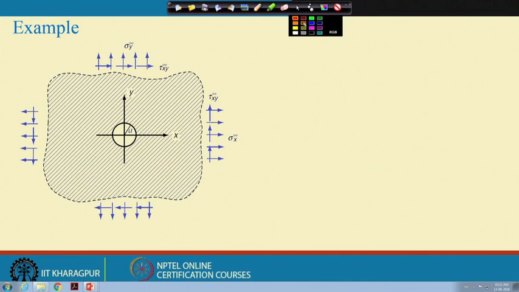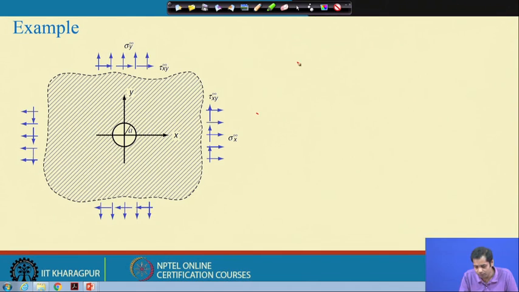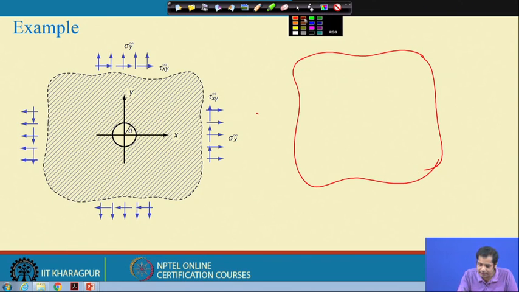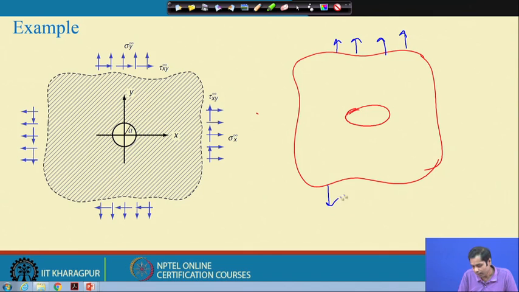Particularly this example we discussed: you take an infinite domain, and this domain has an elliptical hole, and it is subjected to some forces like this.